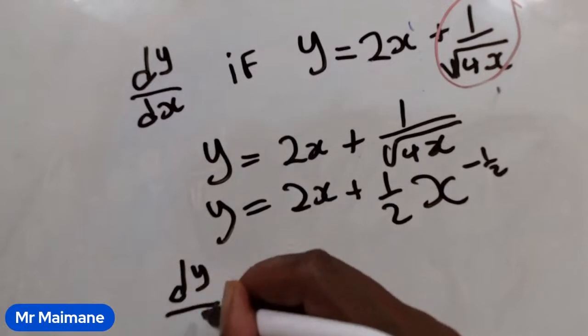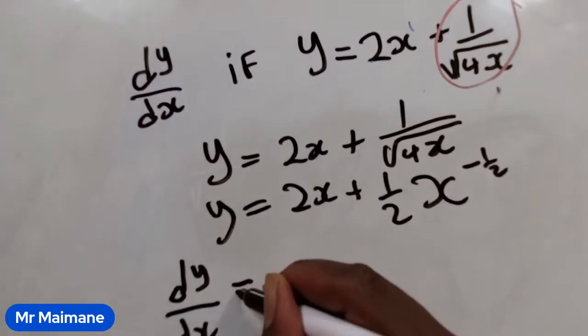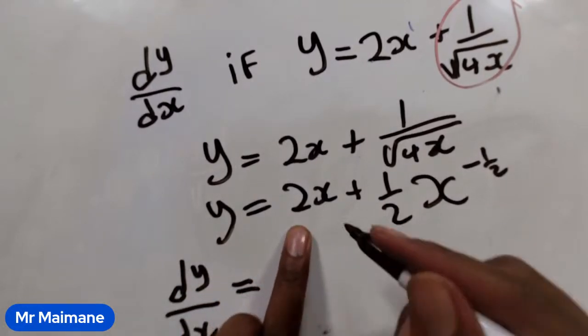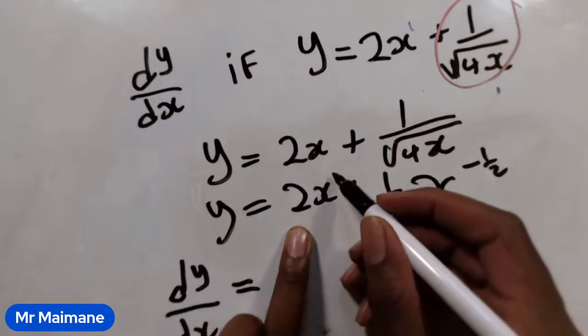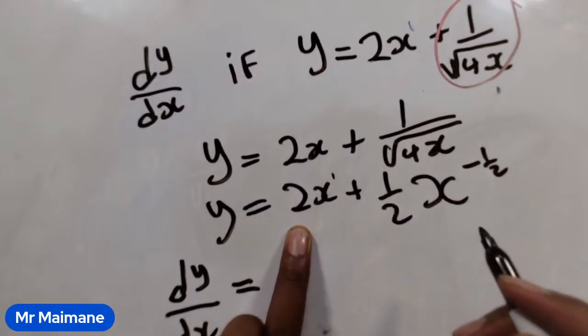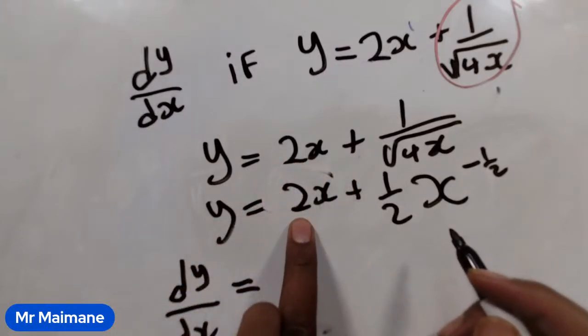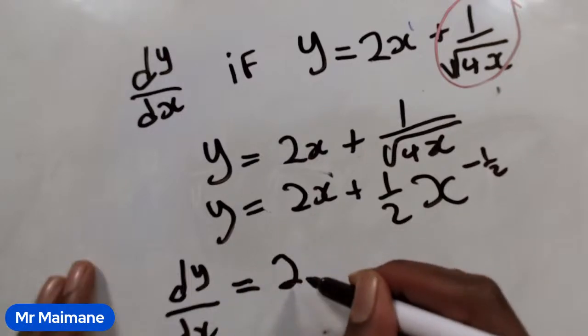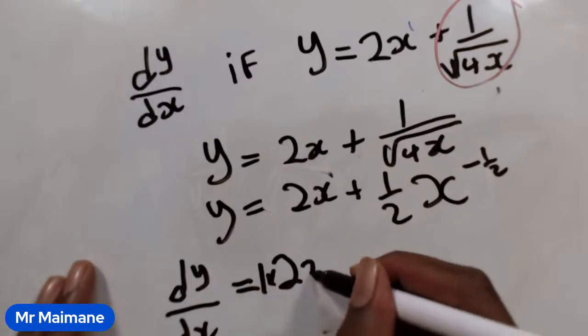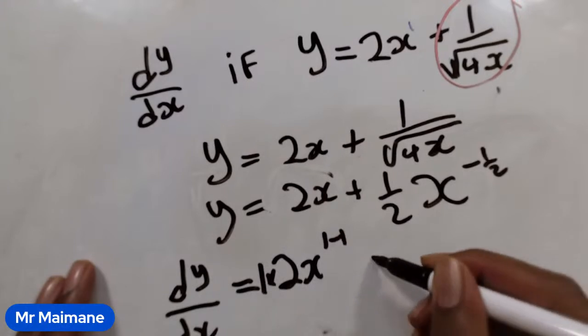So dy over dx is going to be, for this one, 2 to the exponent x, there's an invisible 1 there. To apply the rule, the invisible 1 comes in front, I multiply it by 2, and then I subtract 1 from the exponent. So it's going to be 1 times 2, x to the exponent 1 minus 1.